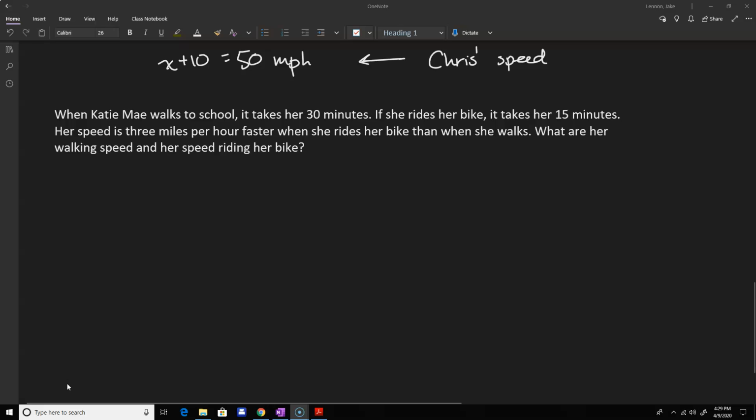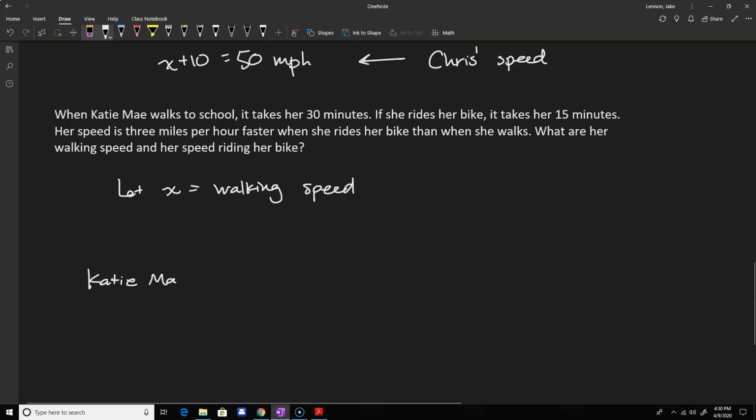So again, here probably we just want to let x be the walking speed, which will make the riding speed x plus 3. So we have Katie May here, just the one person, but we have her two different rates of travel, so maybe we should do it that way. We should do walking versus biking.